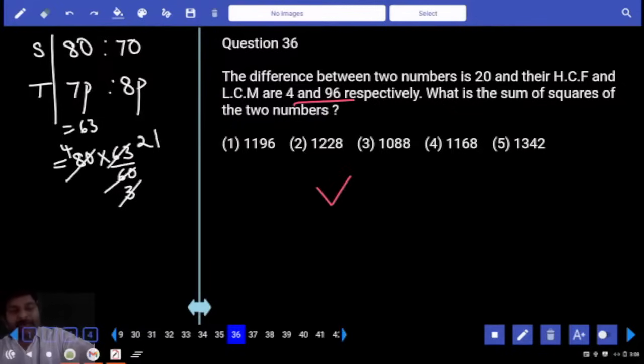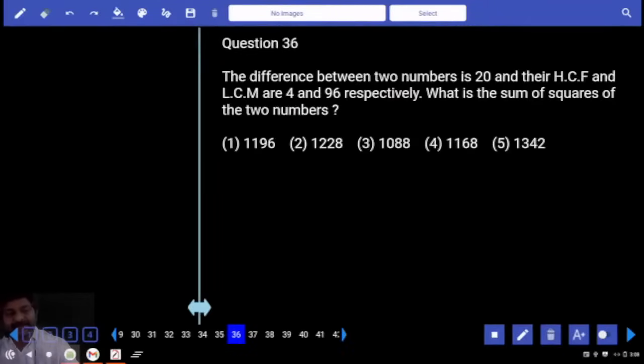The difference between two numbers is 20. Their HCF and LCM are 4 and 96 respectively. What is the sum of squares of two numbers? When the HCF is 4, we can say both the numbers are 4 multiples, 4x and 4y. Are you okay?